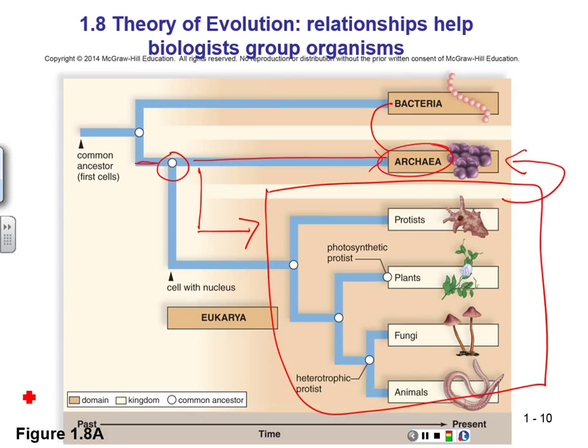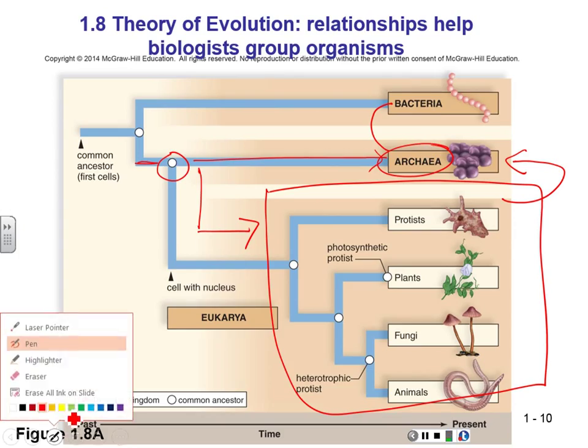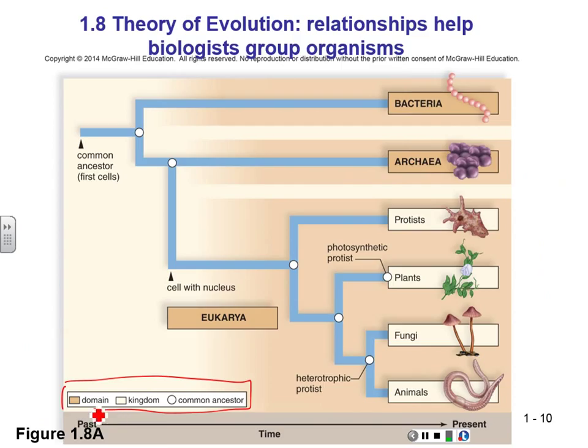Another thing that we need to focus on here at the bottom is where in the legend where it says domain, kingdom, and common ancestor. I really want to focus on these two, domain and kingdom. So we have 3 domains, and then within eukarya we have 4 kingdoms.